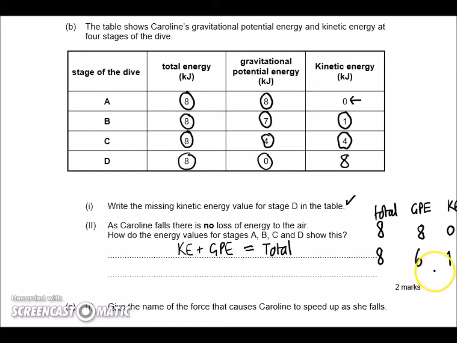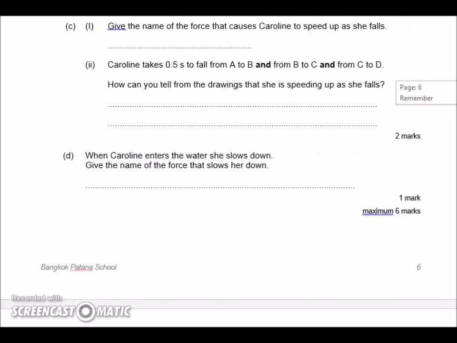So GPE, KE, and thermal would equal 1, so that the total of all the energies, as we split them up, has to equal the total energy we've been told about, this energy here. So because that's not there, that's how we know that there's no loss of energy to the air.